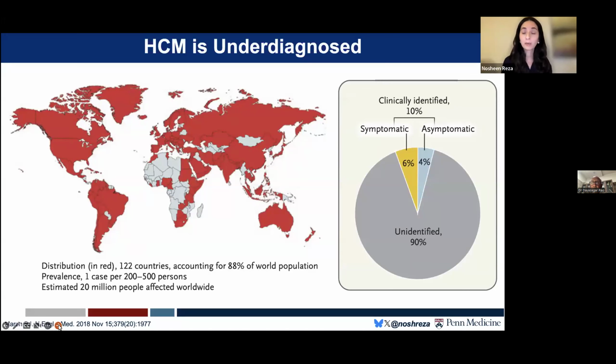The prevalence is somewhere between 1 in 200 to 500 individuals worldwide, which would mean that 20 million people worldwide are affected with HCM. However, on the right, I'm showing you that essentially 90% of these individuals are unidentified. We've identified about 10% of these individuals with HCM clinically, 6% because they become symptomatic, and about 4% because of detection through avenues like cascade screening or family screening.